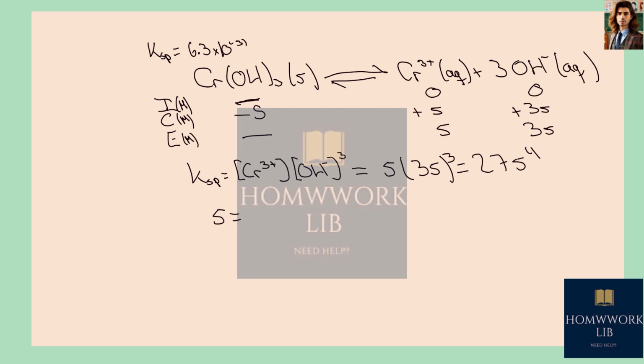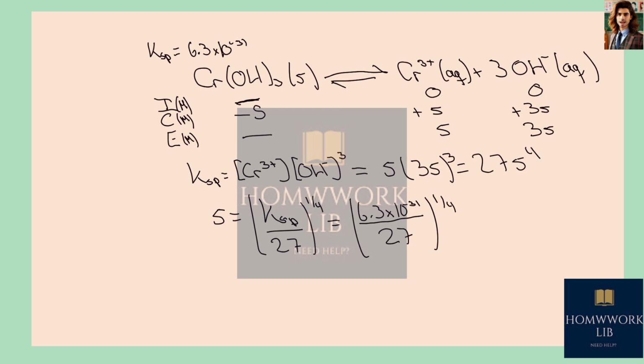Okay? So for solubility, the result is going to be the value for KSP divided by 27, elevated to the 1/4, which is 6.3 times 10 to the minus 31. You should check that value because some tables differ a little bit. The result should be in the same order of magnitude, but the actual number may change a little bit depending on the reference table that you're using.